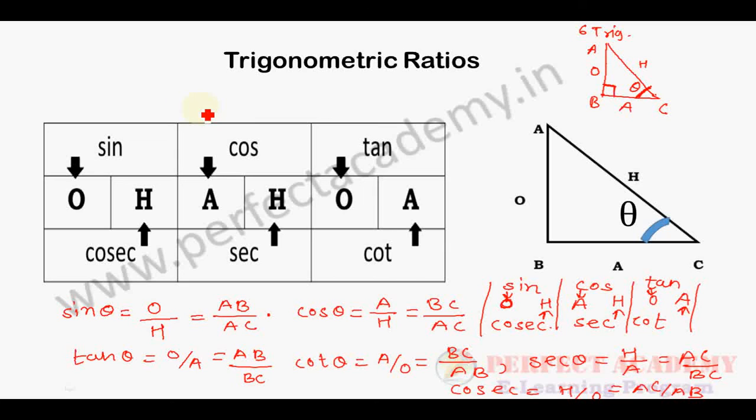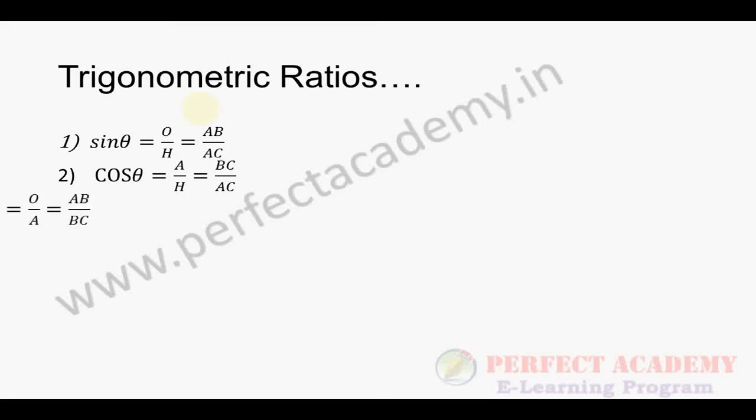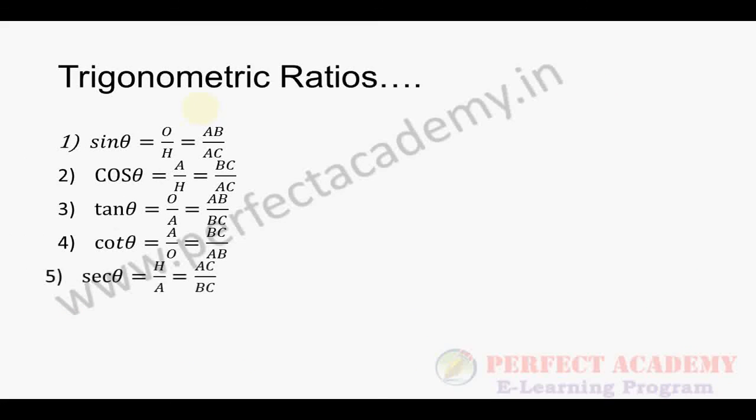You can write a simple statement OHA, HOA, then you can go on in a clockwise manner. Write the titles of trigonometric ratios as sine, cos, tan, cot, sec, cosec. Fine. All these trigonometric ratios are systematically defined, so you can please note them down.